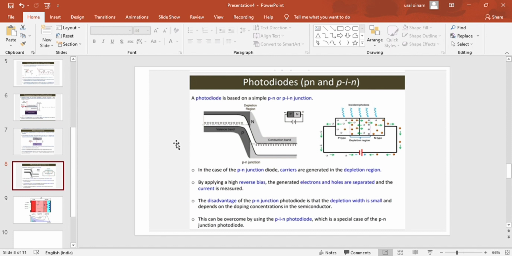So these charges accumulate in the p type and the n type, and because of the accumulated charge, they generate an EMF. Once connected, this will generate a potential difference. This type of photodetector is known as a photodiode.